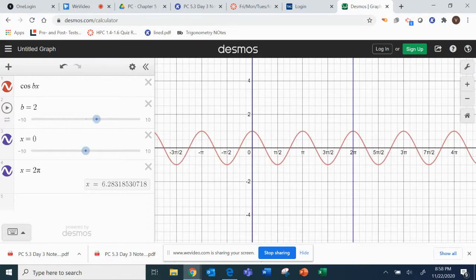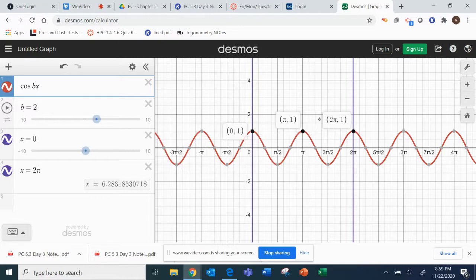So I did a horizontal shrink, which squishes it side to side. And what that did was it actually created more cycles from 0 to 2 pi. And the number of cycles from 0 to 2 pi of that cosine graph, that big valley, is 2.